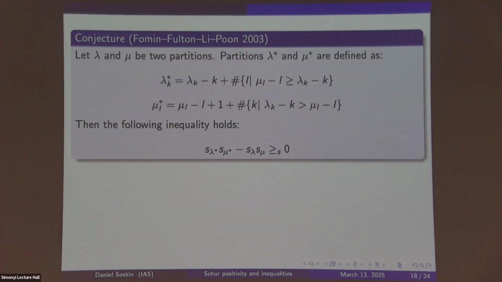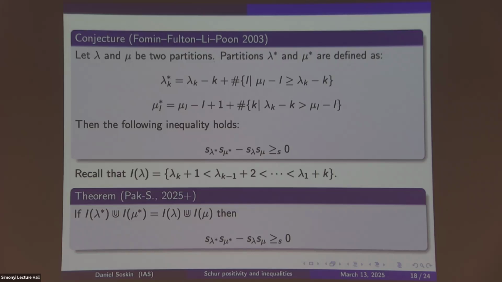There was also another conjecture in the paper by Fomin, Fulton, Li, Poon, which was not proved by Lam, Postnikov, Pylyavskyy. We obtain an equality: we fix two partitions lambda and mu, and we construct partitions lambda star and mu star in the following way. Several people tried to prove this conjecture, but it didn't work out.